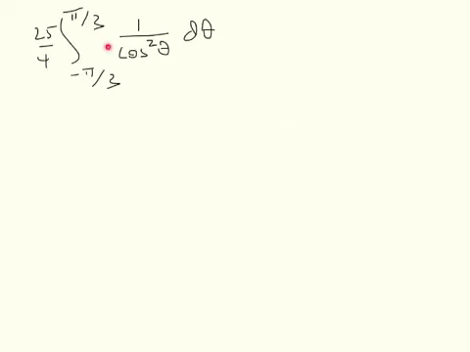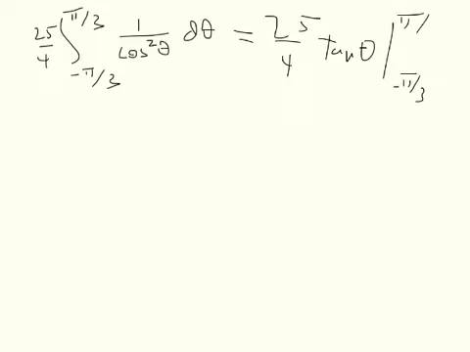This is secant squared that we're integrating, and I happen to recall that this is the derivative of tangent, so 25 over 4 tan theta from negative pi over 3 to pi over 3.